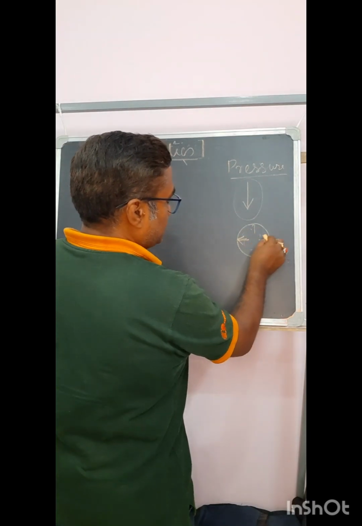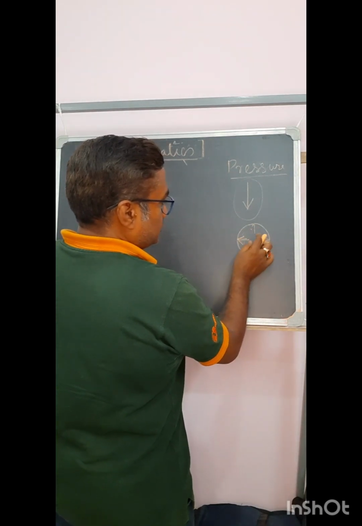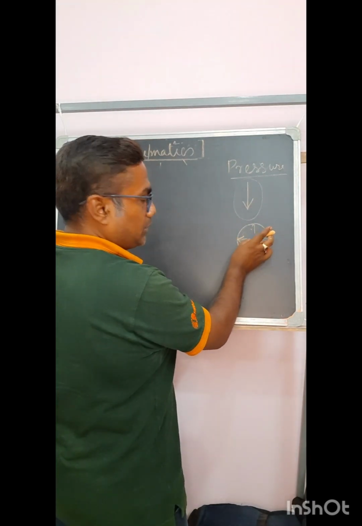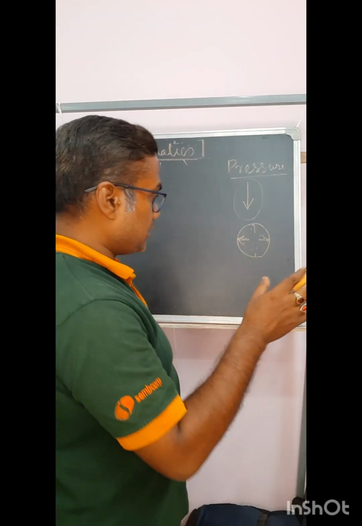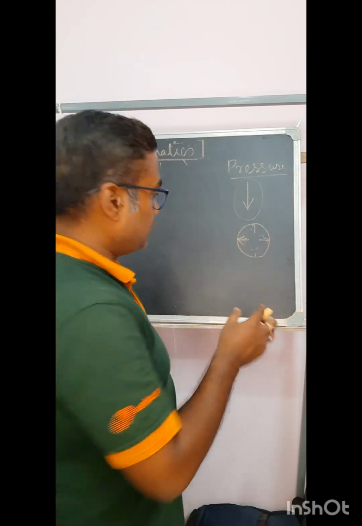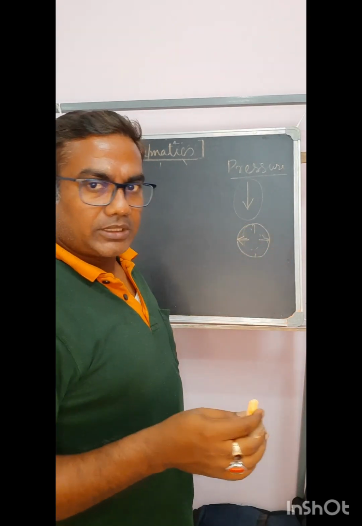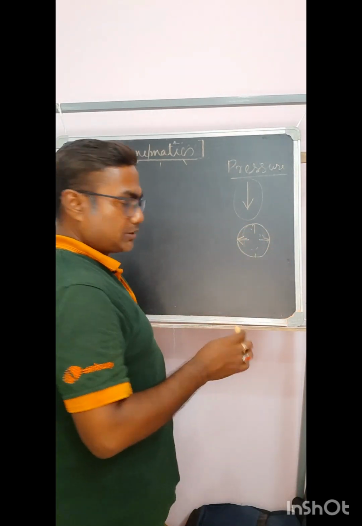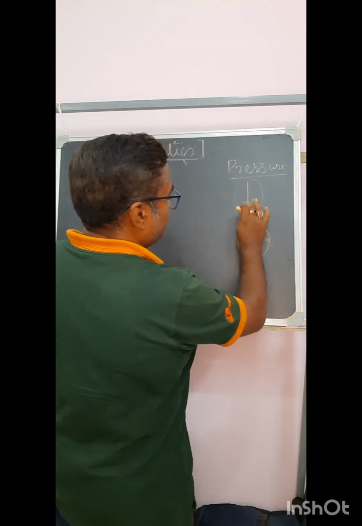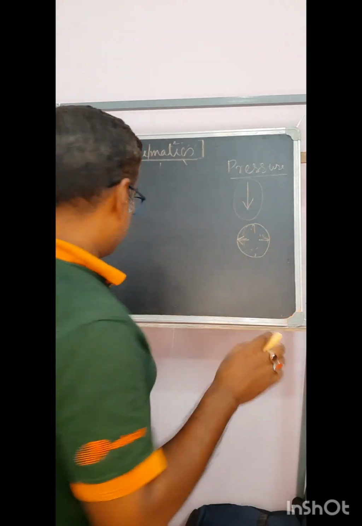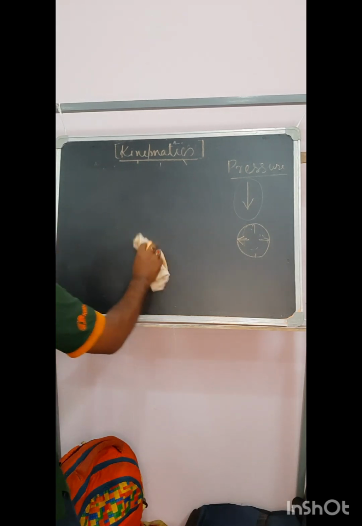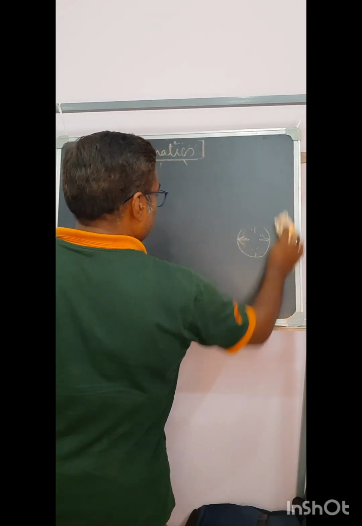If it is equal and opposite, they have to nullify each other. If it were a vector, then slowly this balloon would have come down, but it is not happening. They are not nullifying each other. So the effect of pressure is not a vector, it is a scalar. You cannot treat it as a vector.